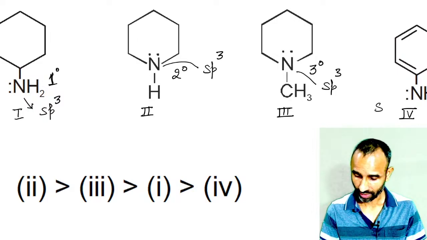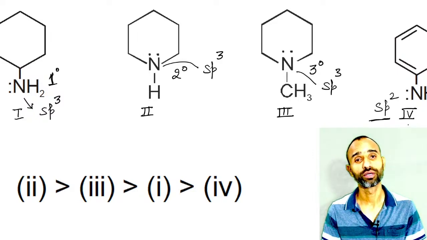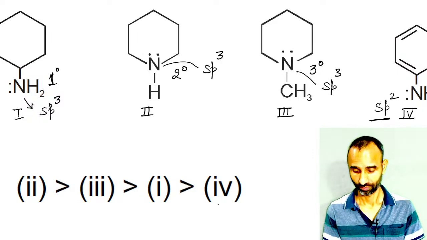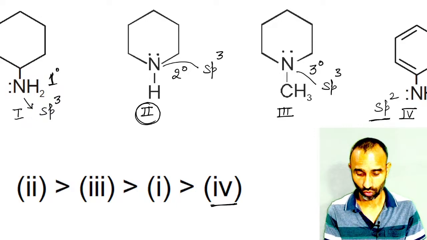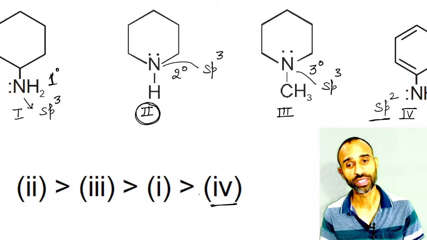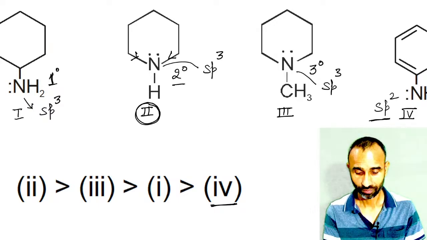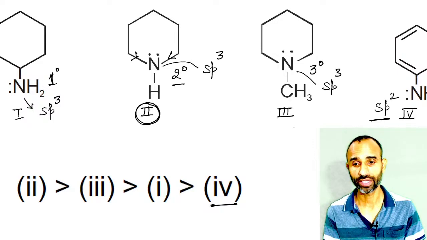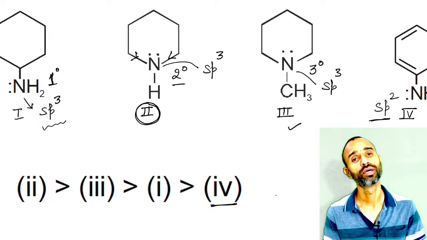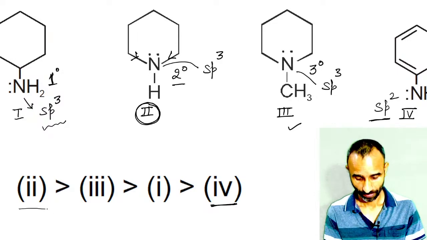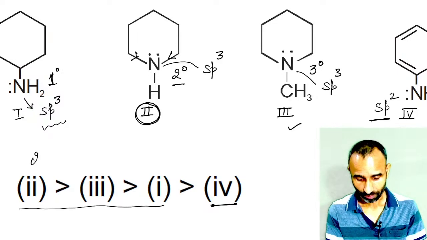So it is sp2 hybridized. That's why fourth is least basic, fourth is least, and second is most basic because it is secondary amine. And then it is tertiary, and at the end it is primary. Secondary, tertiary, primary.